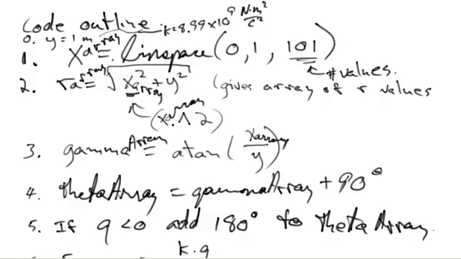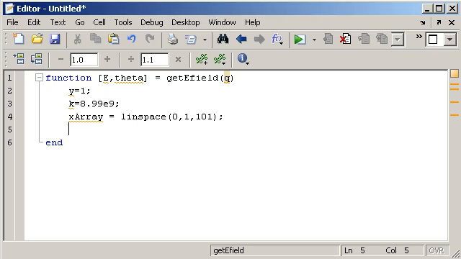Then the R array is equal to the square root of X array. I'm wondering if maybe I should start out with a smaller number, and now let's see what it looks like. I might want to change that to a smaller number for testing purposes, and then change back. That's what I was thinking about.